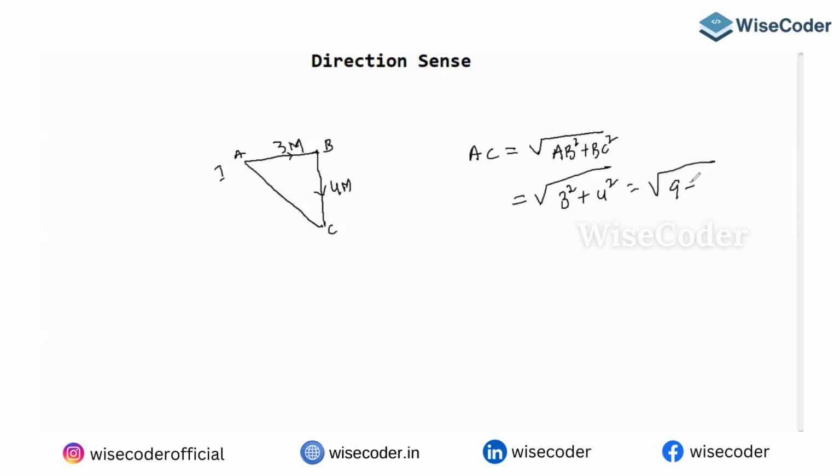So 9 plus 16 is 25, so AC is root 25, which is 5 meters. So the distance between the initial and final point is 5 meters. Let's go to the next question.